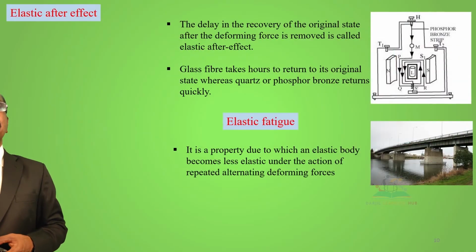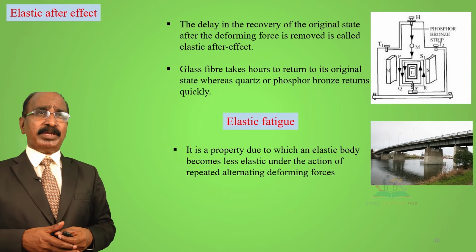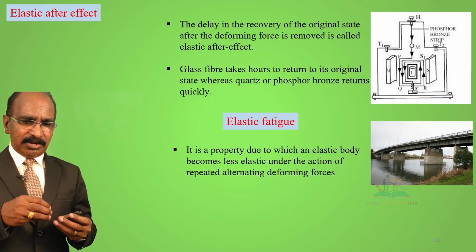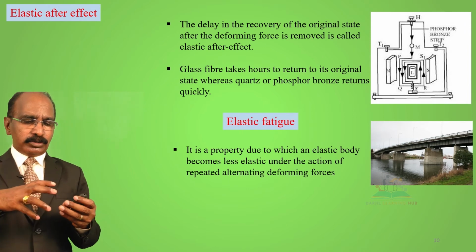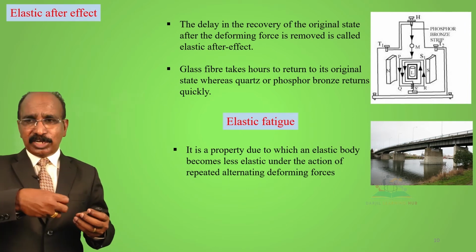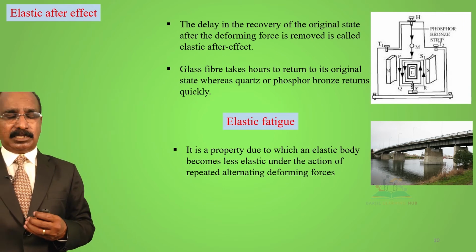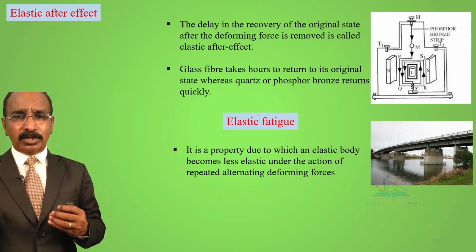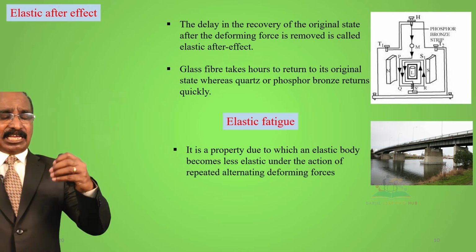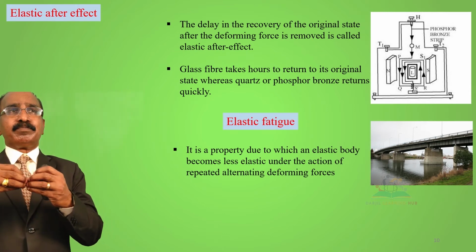Now another parameter that we are going to study here is elastic after effect. I told you, when you apply a deforming force, either the length or the size or the shape changes. When you remove the deforming force, it will regain its original position. Now, between the removal of the deforming force and the recovery of the object, there will be a time gap.